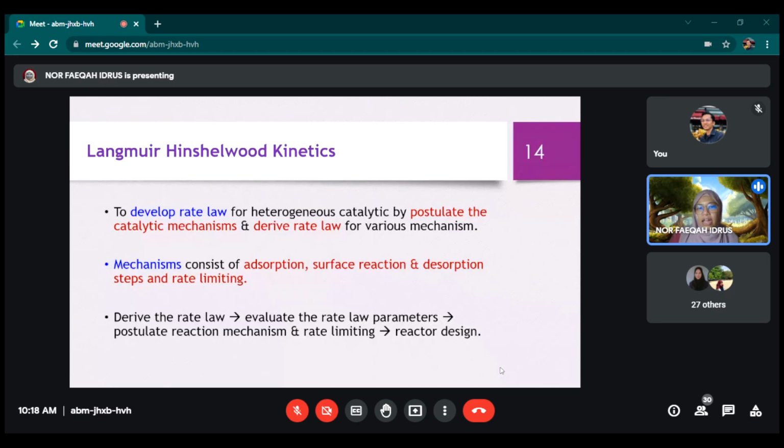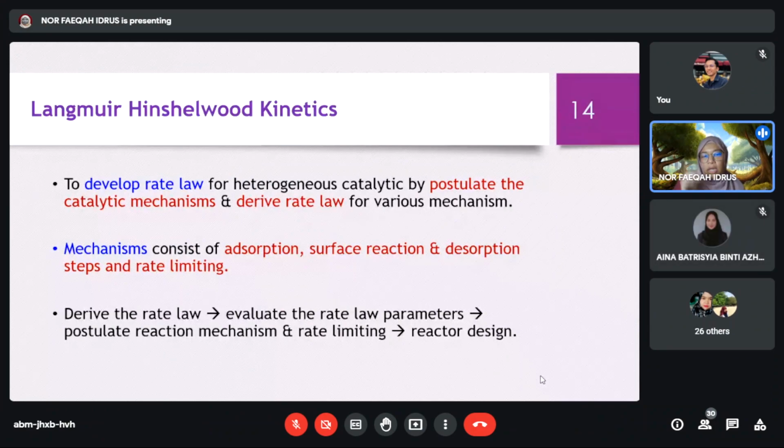Alright, and then the mechanism of reaction, or the steps of reaction. The different name for the mechanism, we call it a reaction pathway or the steps of reaction. So the mechanism must consist of these three steps: adsorption step, surface reaction step and desorption step.